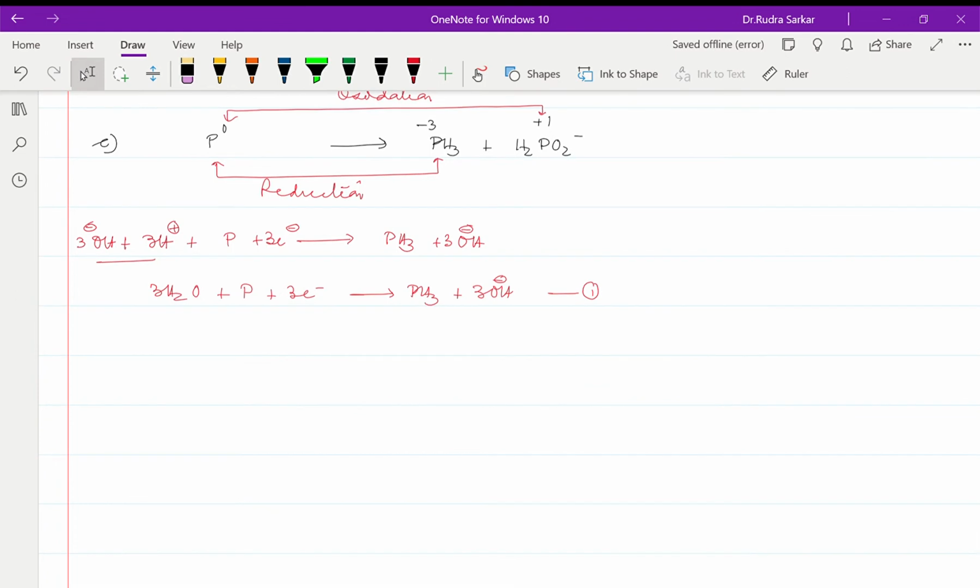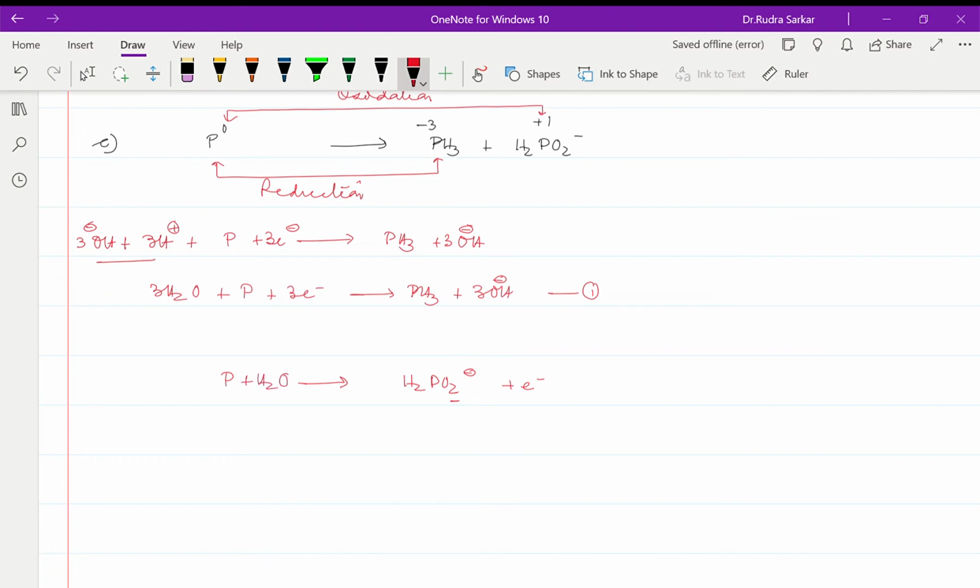For the next step, we will say P is going to H2PO2 minus. So there is an oxidation of 1 electron. Fine, that is okay. Now over here, oxygen is here, so we add water here.